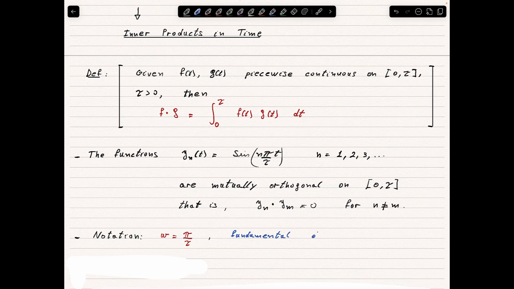Driving because it's the force, fundamental because all the other frequencies are going to be multiples of that. So there is no force here, but when we decompose the force, we are going to decompose it in terms of these sine functions, and that is going to be the meaning here.